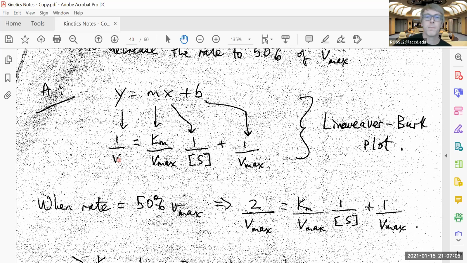If V becomes Vmax over 2, this 2 is going to flip back around, and that's where you get this from. So we get 2 over Vmax equals Km over Vmax, 1 over S, plus 1 over Vmax.